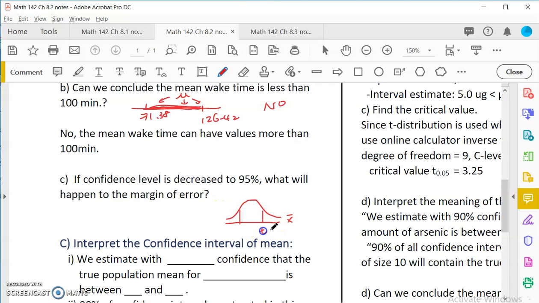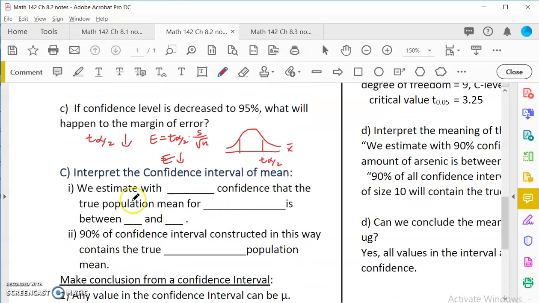My T alpha over 2 would be closer to 0. E is equal to T alpha over 2 times S over square root of N. So T alpha over 2 decreases, that means E would decrease also because they are directly proportional.